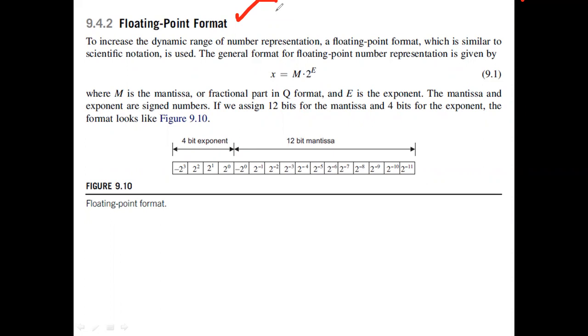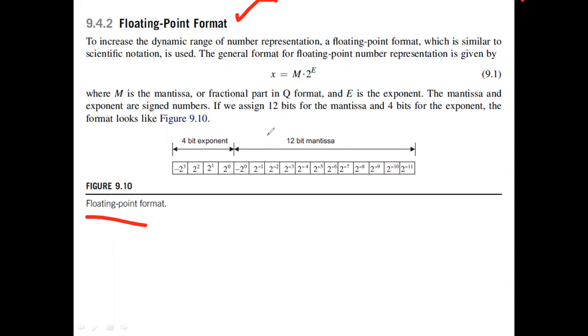If you have a processor that sticks to the Q notation, then it's the programmer's burden to convert a floating point format to a Q notation, and vice versa in case you have a floating point processor. Anyway, this is the notation for a typical floating point. We will come to a specific standard, IEEE notation, later.